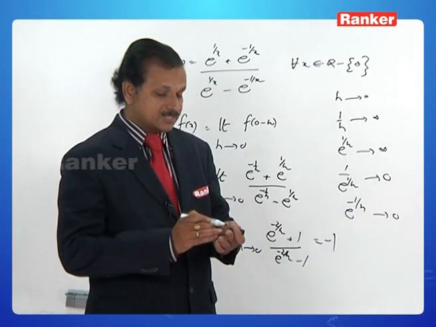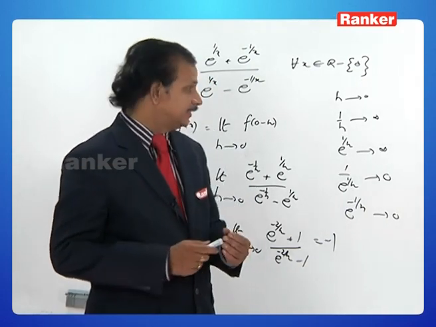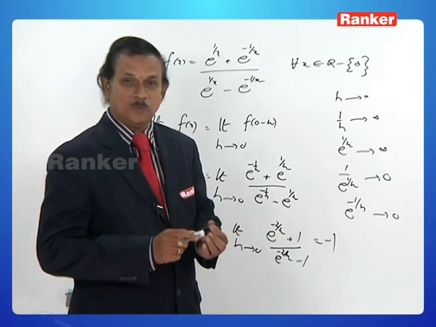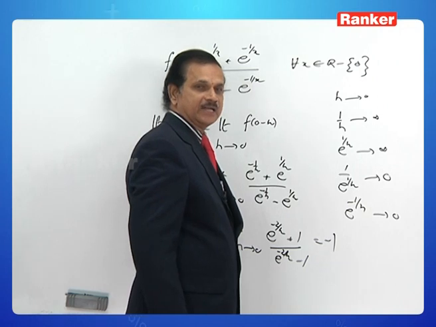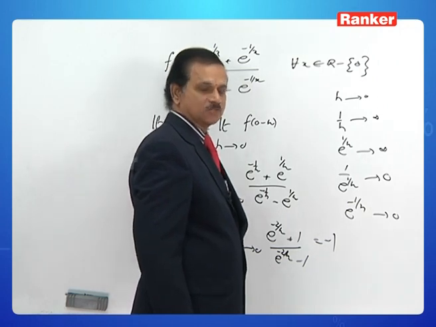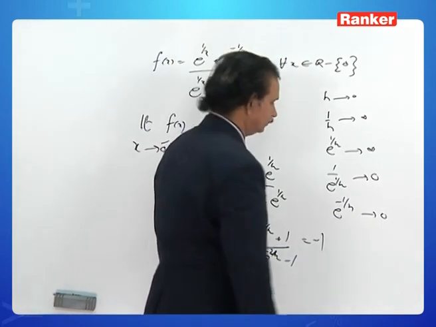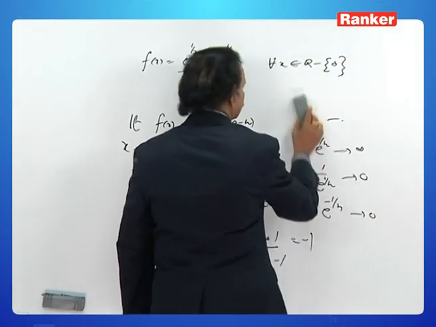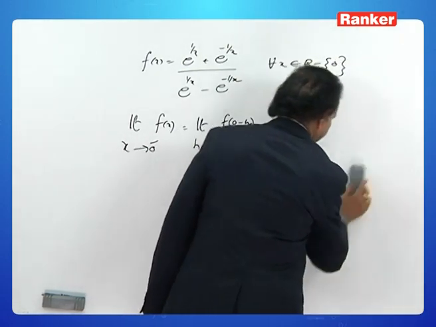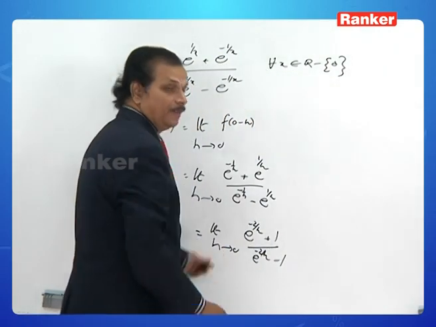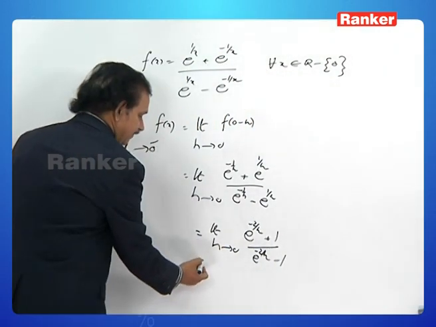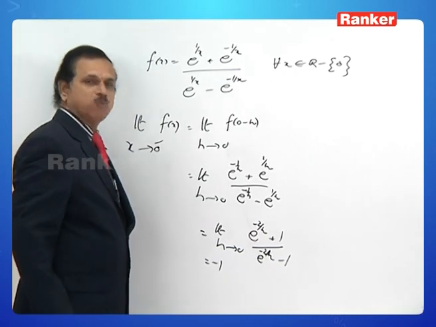Well, let us now calculate the right hand limit. Well, let me cancel these. I think you can believe that e power -1 by h tends to 0 as h tends to 0. Therefore, notice that the left hand limit is -1.